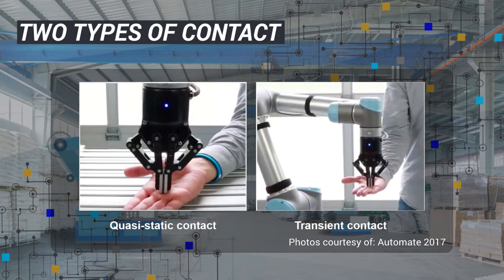Transient means momentary. It is a type of contact where the operator's body part does not clamp, unlike quasi-static. This momentary contact means the operator can quickly retract or recoil from the moving part of the robot system.